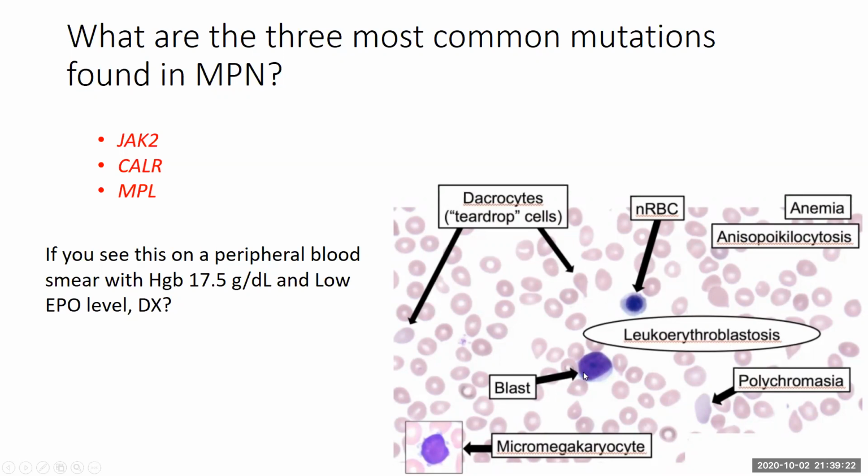You have your blasts, your nucleated red blood cells, your teardrops, and occasionally you can see a micromegakaryocyte. So if you had a patient that had this peripheral blood smear with a hemoglobin that's elevated and a low EPO level, what would be your diagnosis?